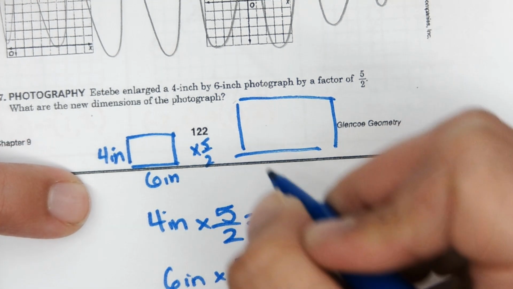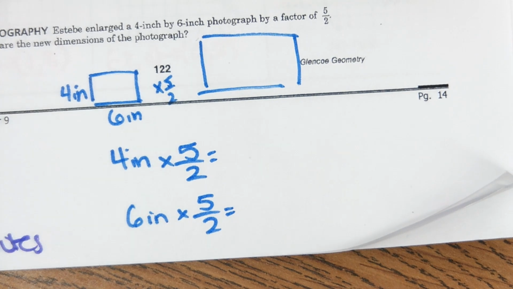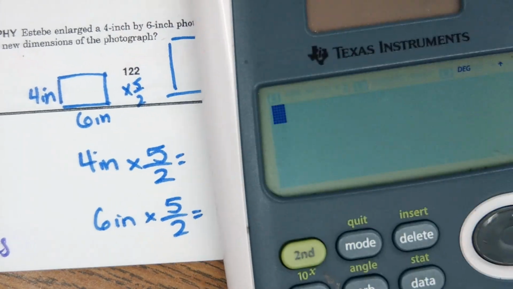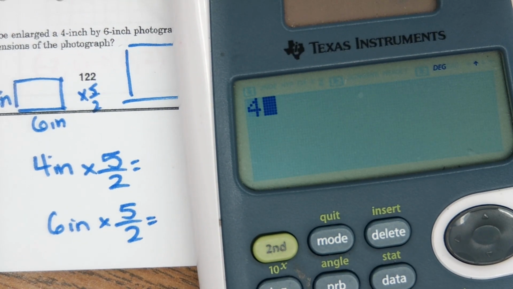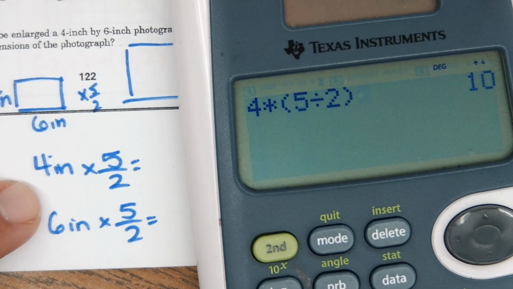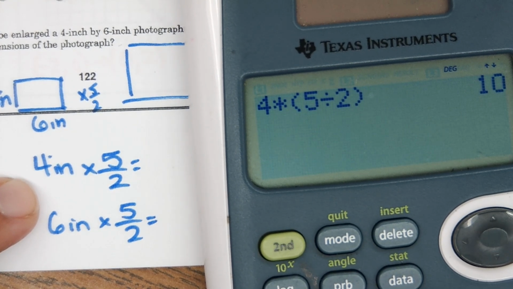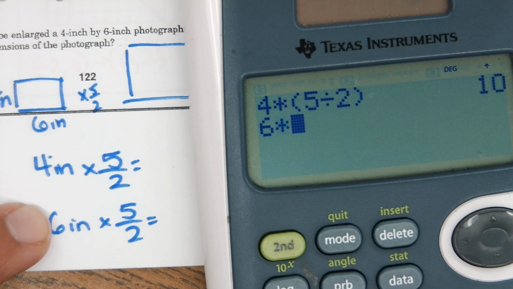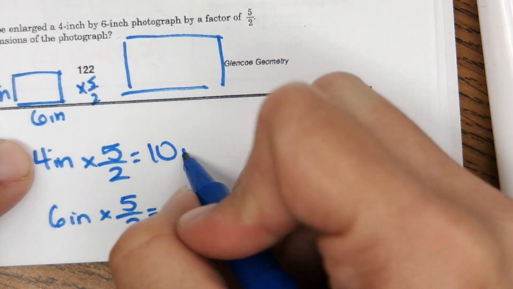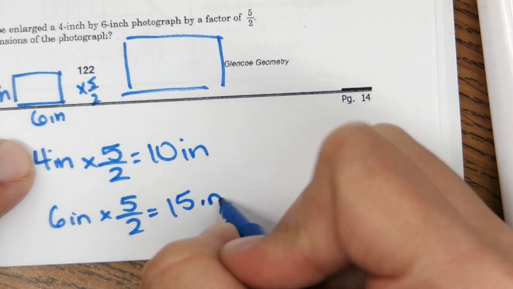In a calculator, I would just do 4 times 5 divided by 2, get 10, and 6 times 5 divided by 2, and I get 15, so 10 inches by 15 inches, and those are my new dimensions.